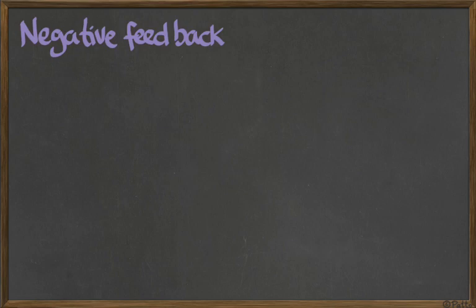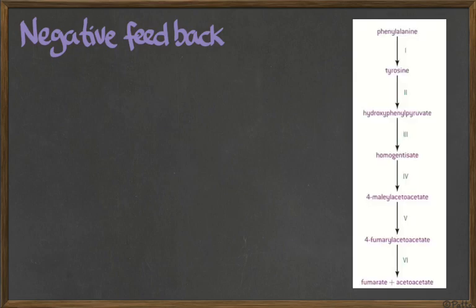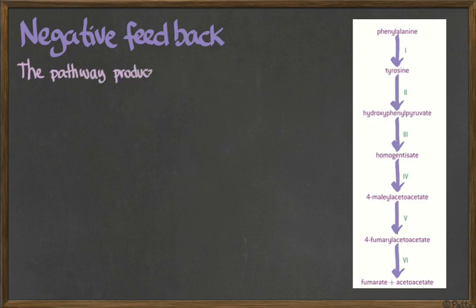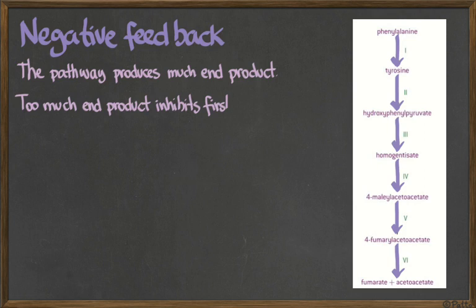It's very clear as negative feedback when we have a metabolic pathway, a chemical reaction, and an inhibitor. If phenylalanine becomes fumarate and acetoacetate, you end up accumulating fumarate and acetoacetate. So if the pathway produces much end product, you end up having way too much end product.